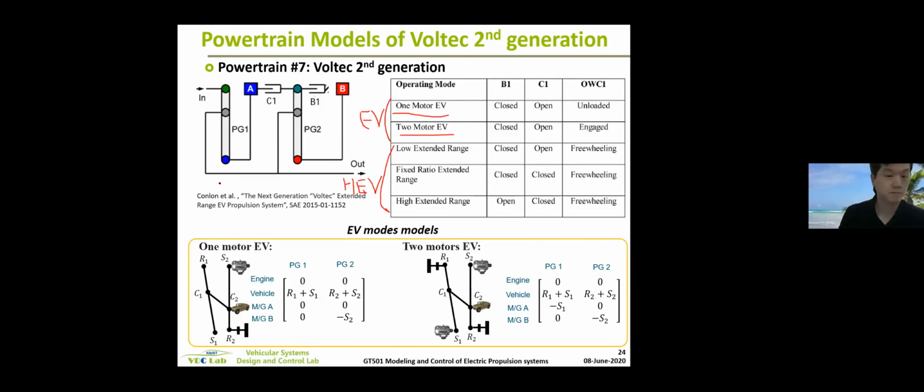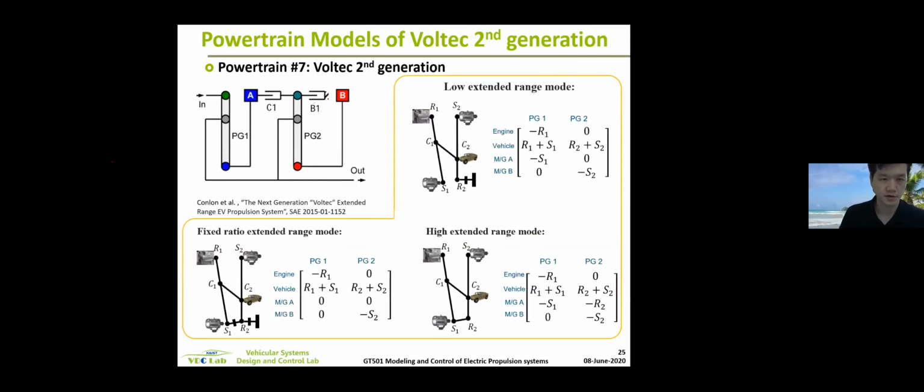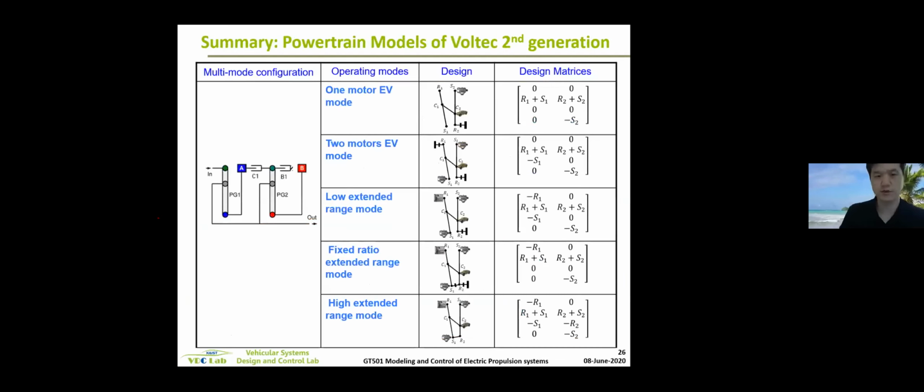This is the D matrix for 2 EV modes, then these are 3 hybrid modes for the D matrix. So it continues. Voltec has 5 modes, so it needs 5 sets of D matrix. So when the connection changes, you just need to change the D matrix.